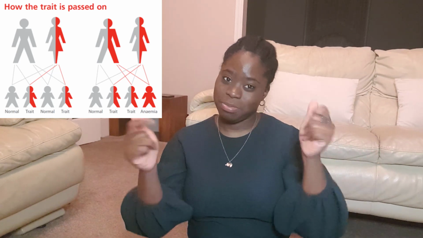So if one partner has sickle cell and the other partner doesn't, there's a possibility that their children either do not have it at all, which is good for you, or I think it's a 1 in 4 chance that their child could have sickle cell trait.